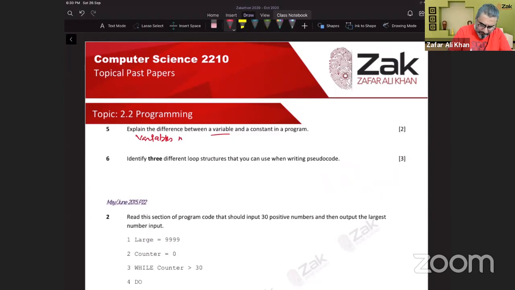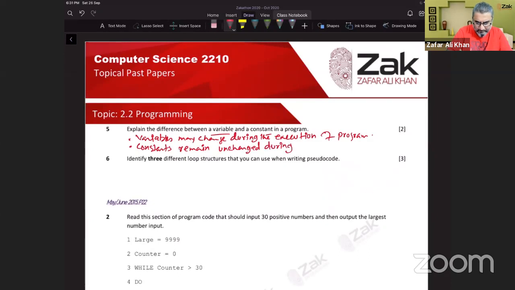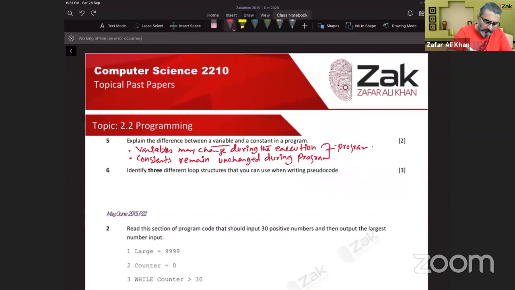Variables may change during the execution of program. Constants remain unchanged during program execution.